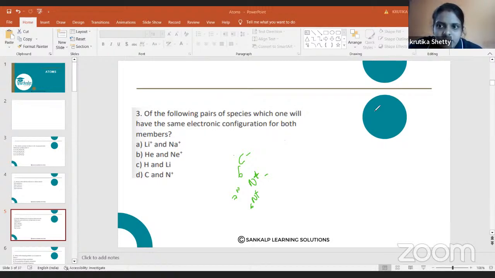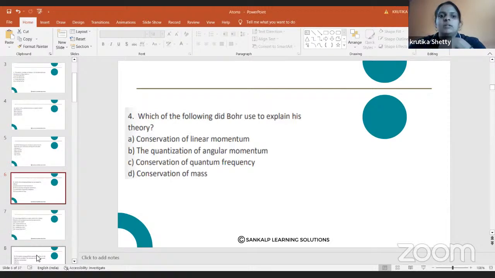Then the next question. Which of the following did Bohr use to explain his theory? In Bohr theory, which concepts do we use? Conservation of linear momentum, the quantization of angular momentum, conservation of quantum frequency, conservation of mass.